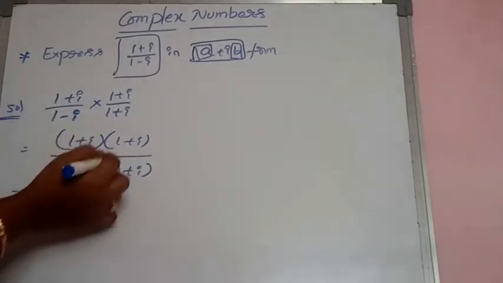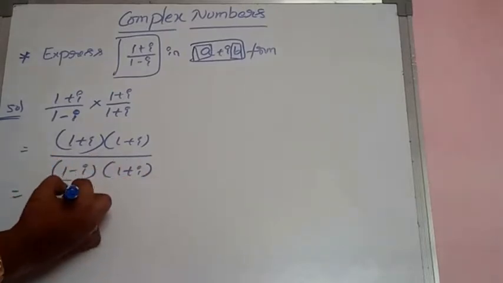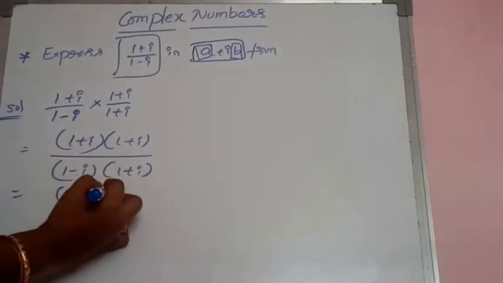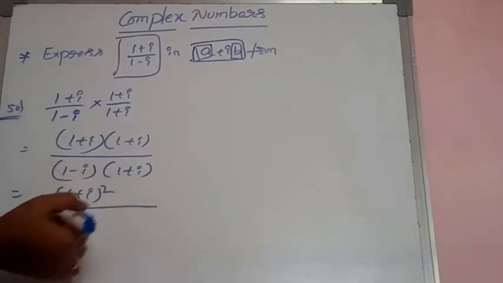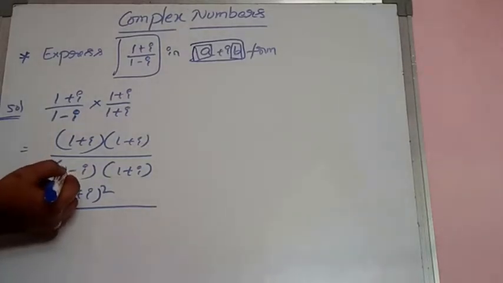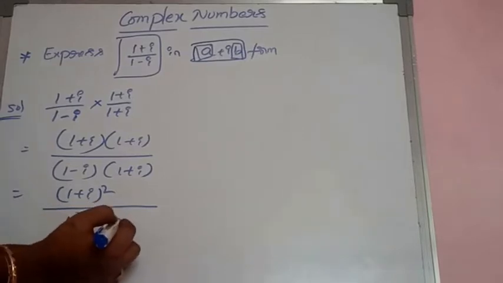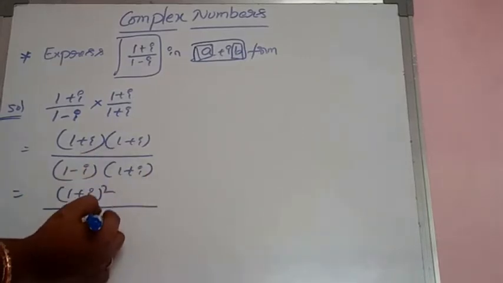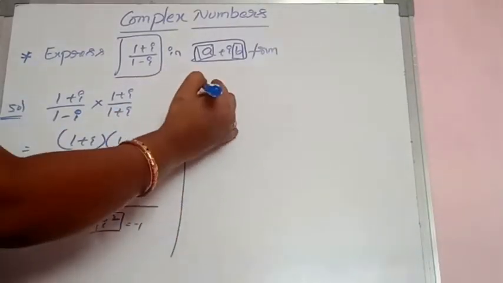Here (1 + i)(1 + i) means (1 + i) whole square, and the denominator is of the form (a - b)(a + b), which means a square minus b square. So 1 square minus i square. We already know the value of i square is minus 1.